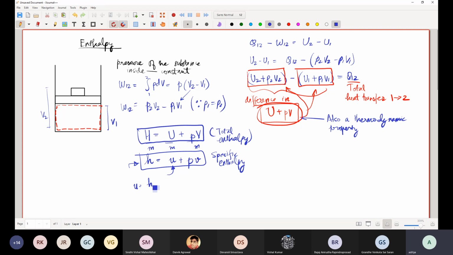You actually do the reverse calculation. In our chronology, we first studied internal energy and then moved on to enthalpy, but when you do experiments, you do the other way around. So the specific internal energy is calculated using the specific enthalpy and the pressure times the specific volume.